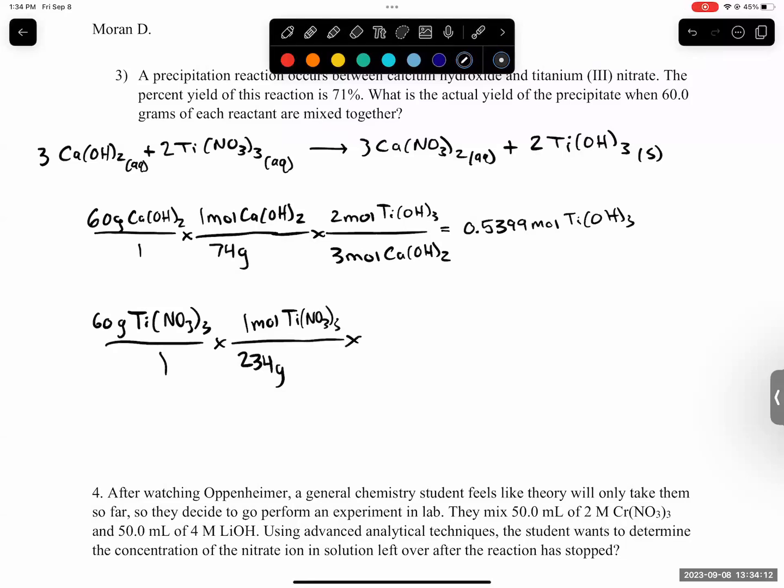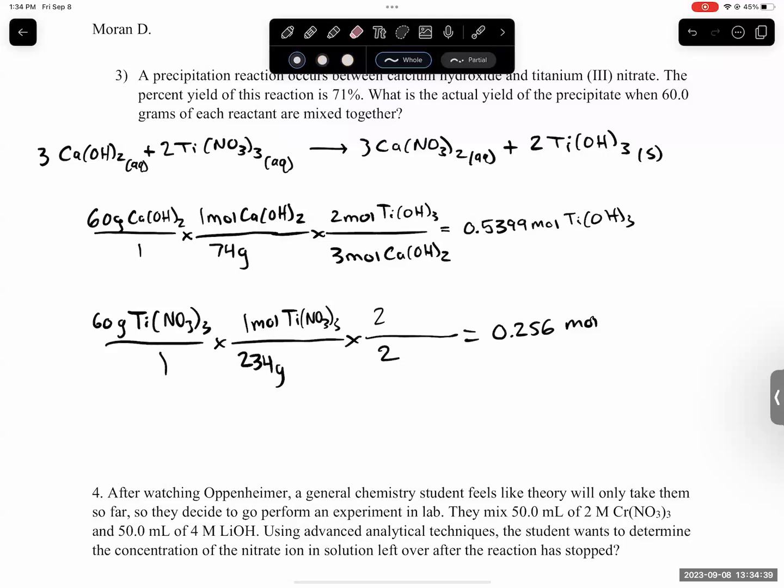You see that this one has a mole to mole ratio of 2 to 2, so that just cancels out. So what did you get when you put this into the calculator? All right, so clearly titanium nitrate is going to be our limiting reagent.